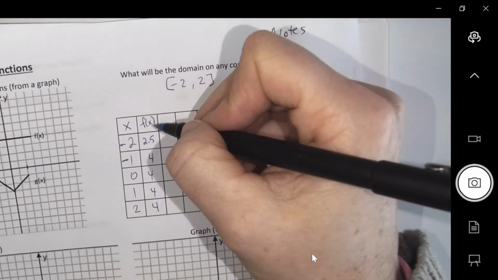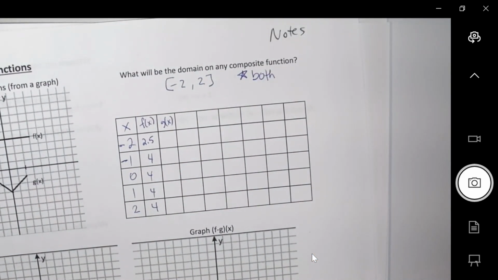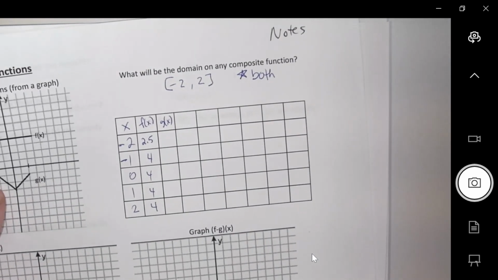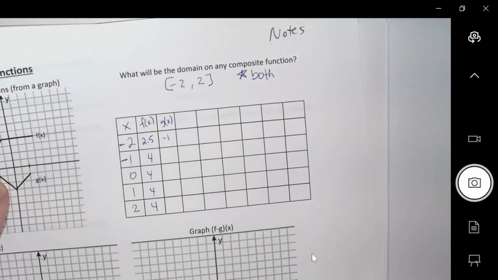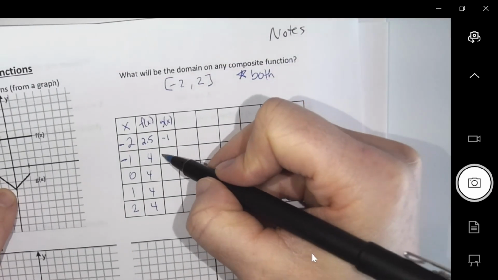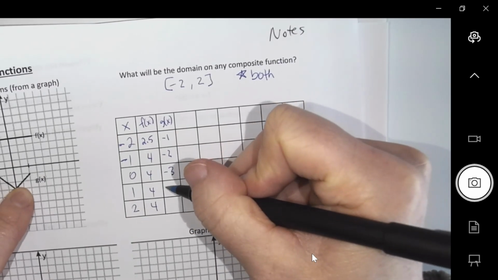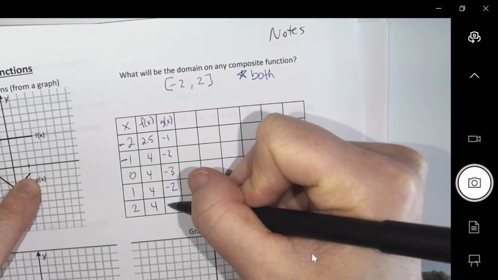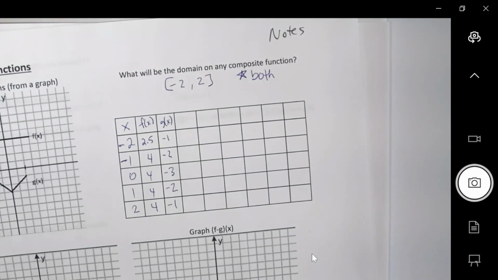Okay, then let's go through the g function. At -2, the height of the g graph is at -1, then -2, then -3, then -2 and then -1. Okay, ready.